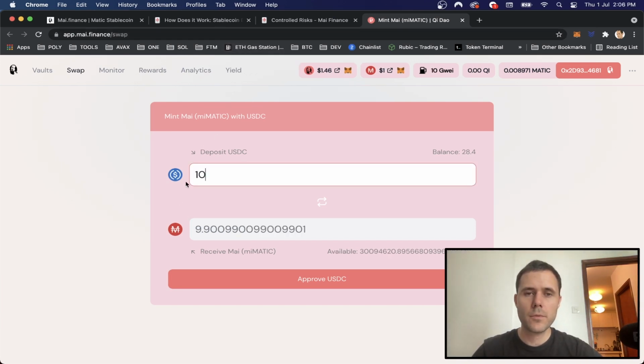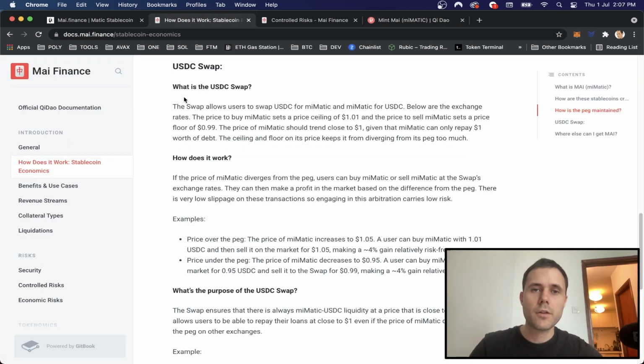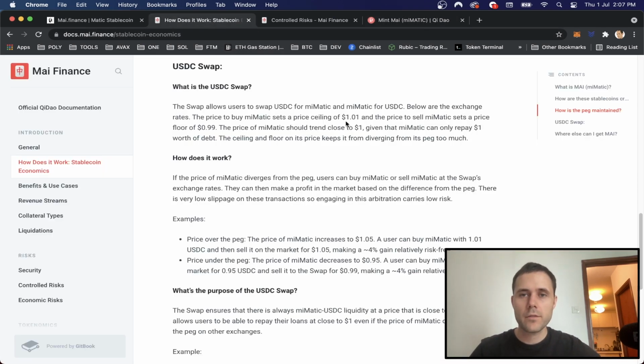Okay, so the swap will always offer a fixed rate. So for one USDC, you're always going to get 0.99 or above. And for one Matic. Okay, so this is the cool thing, right? So the USDC swap over here always maintains a floor of 0.99 in USDC, or a price ceiling of $1.01.